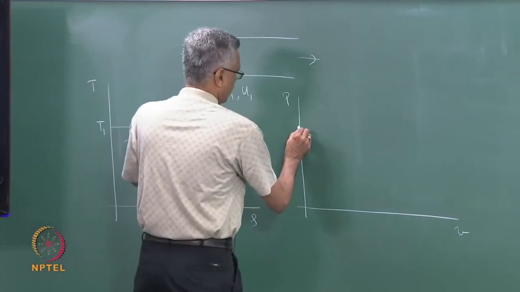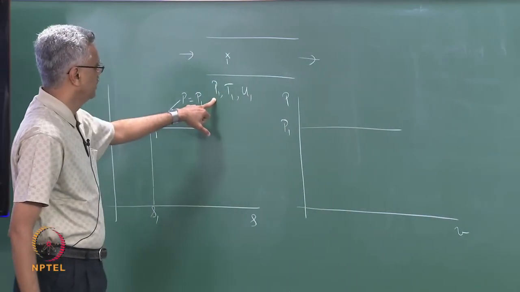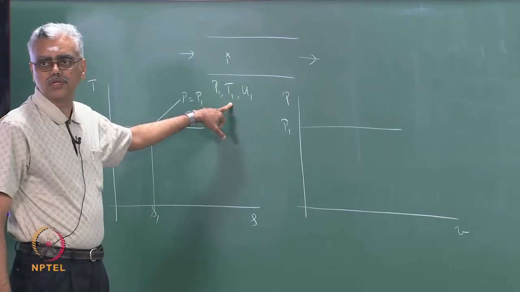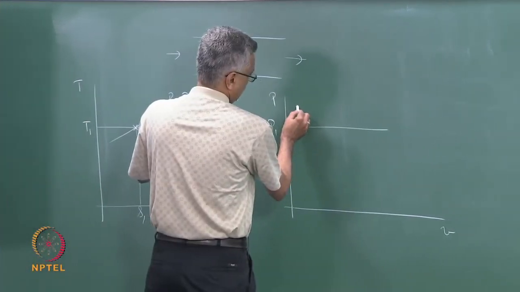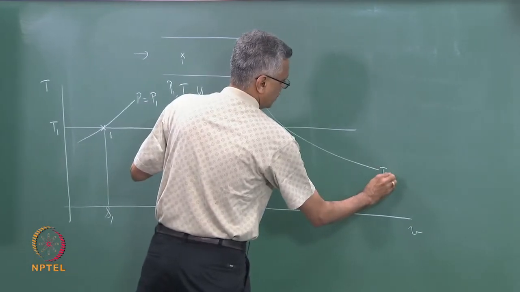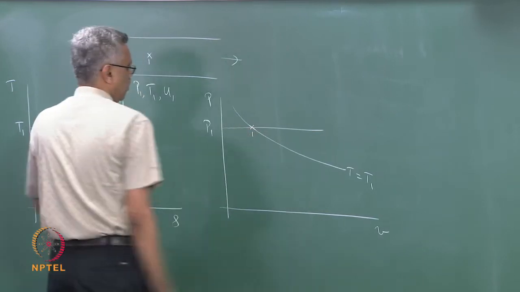So, I draw the isobar corresponding to P equal to P1, and now I draw the isotherm corresponding to T equal to T1. I know that looks like this. So, this is the isotherm corresponding to T equal to T1, and this is state point 1.